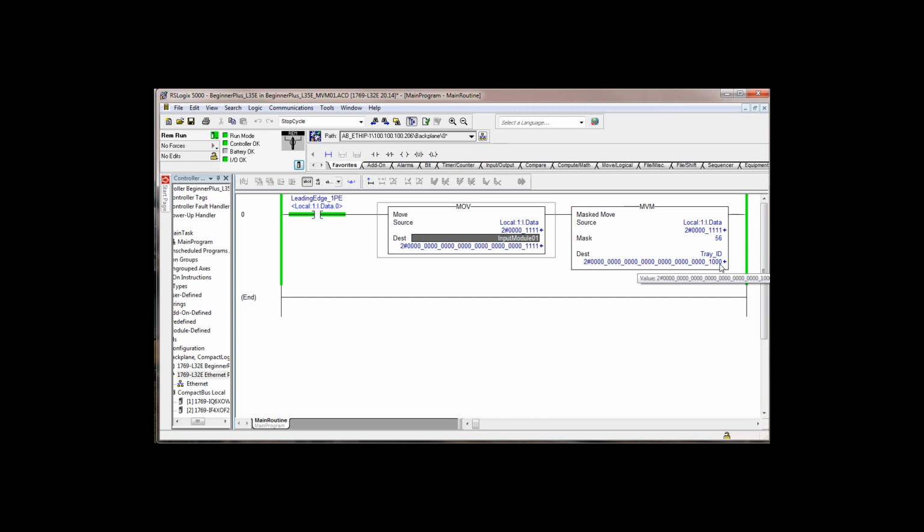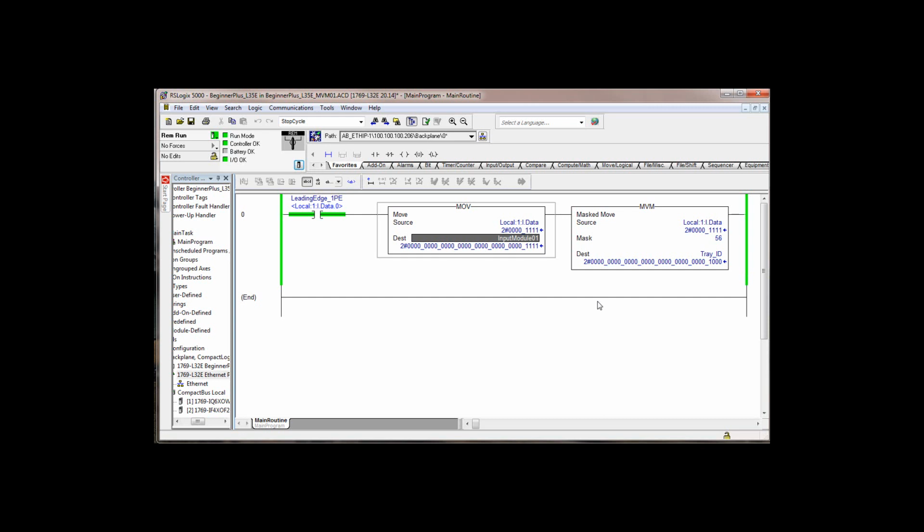So this is 0, 1, 2, 3, 4, 5. So we have 6 inputs. We're using 4, well, 3, 4, and 5 on our simulator.